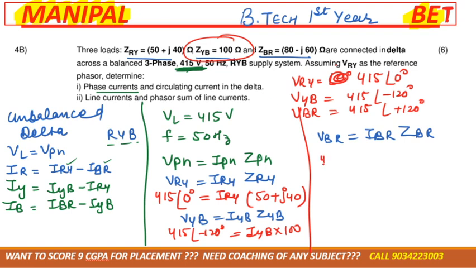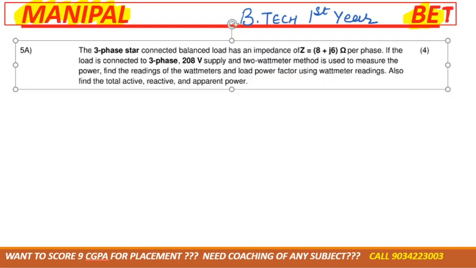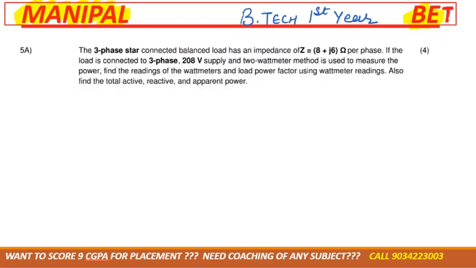So VBR is 415 at 120 degree, IBR you calculate. Then IRY, IYB and IBR, they ask you for the phasor sum, so simply add these three. Okay, now see, they said the star connected balanced load.